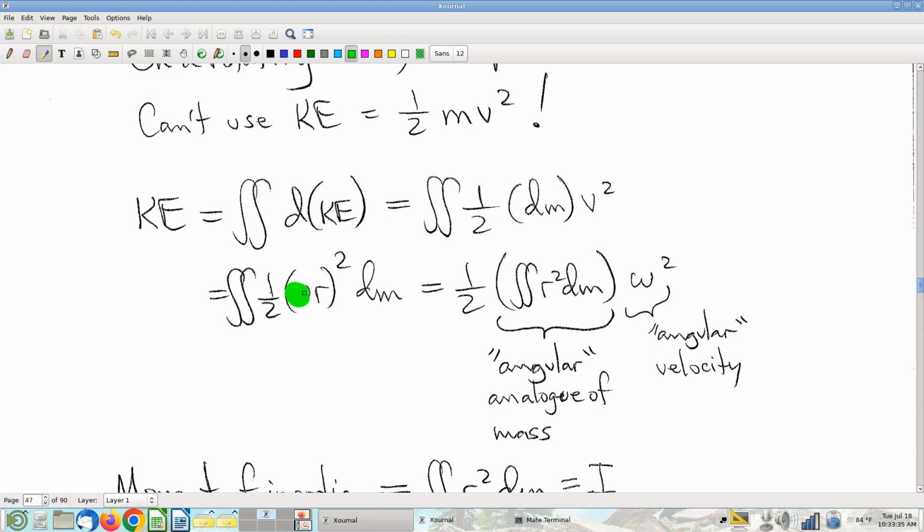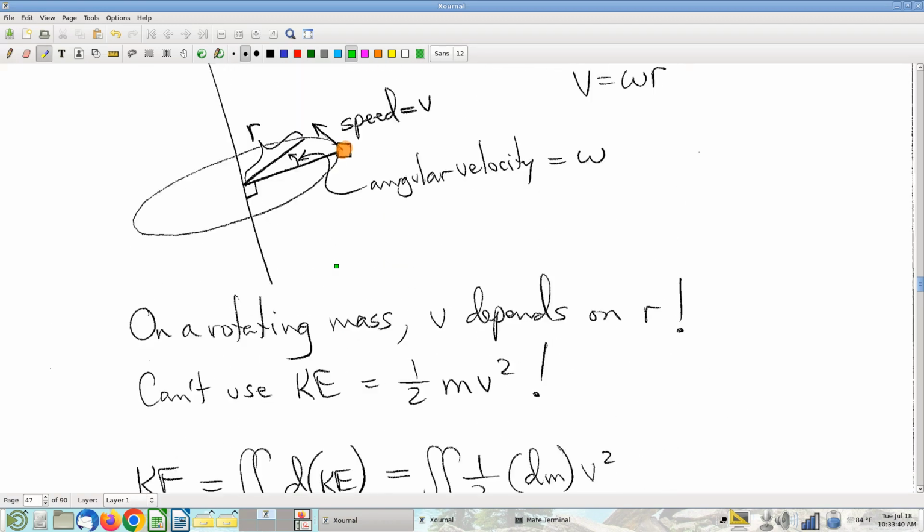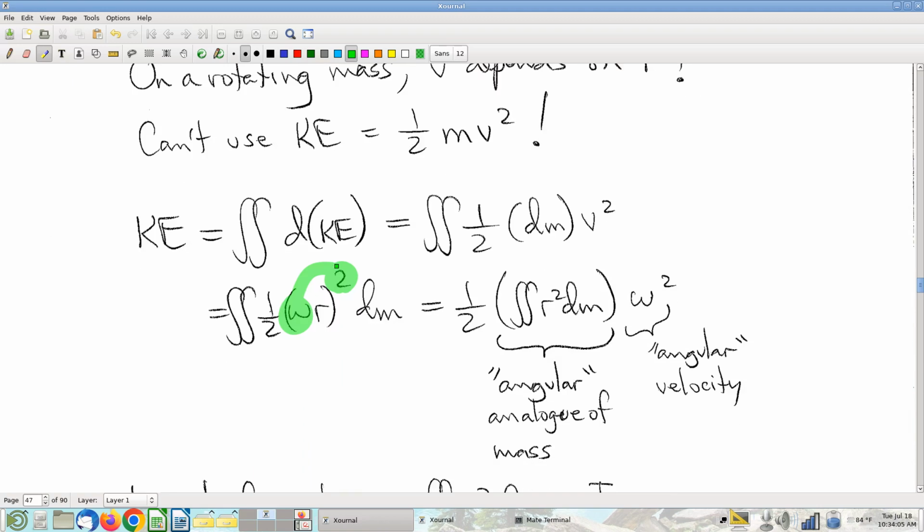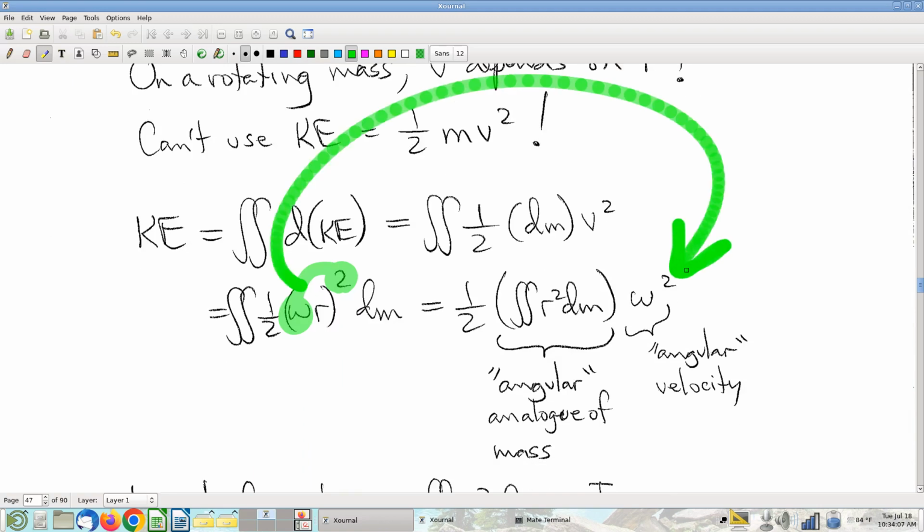And then notice that we've got omega squared. Now, here's the thing about a rotation. When something is rotating, different pieces are moving at different speeds, but they're all moving at the same angular speed. Each piece of your solid takes the exact same amount of time to rotate a full turn. Otherwise, it would break up into pieces. So the angular speed is constant, and that also can factor outside of the integral.